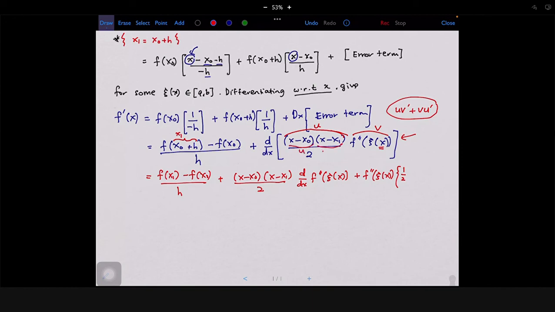Our u is x minus x0, dv is 1, plus v du. That's roughly it, so you can double check later. So this is u dv plus v du, and then we can try to simplify this part.